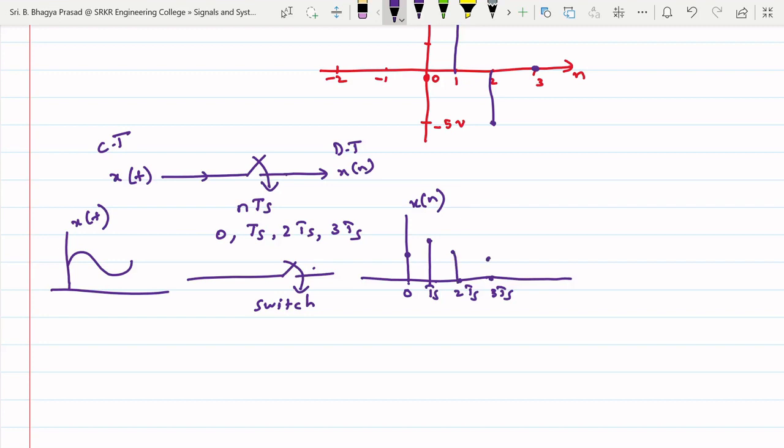So if you plot this envelope, you will get a signal like this. So at regular intervals of time I am taking the particular value, holding that value, and that gives the discretized signal, that is the discrete time signal.